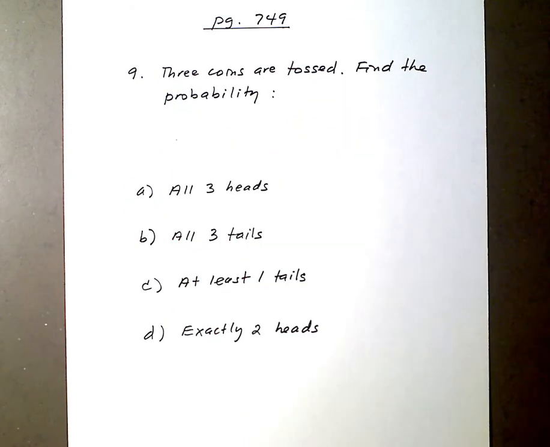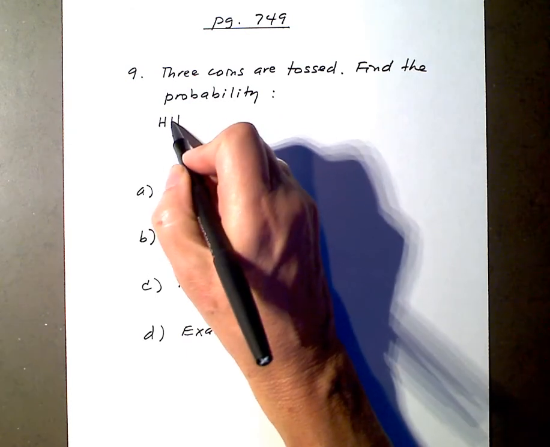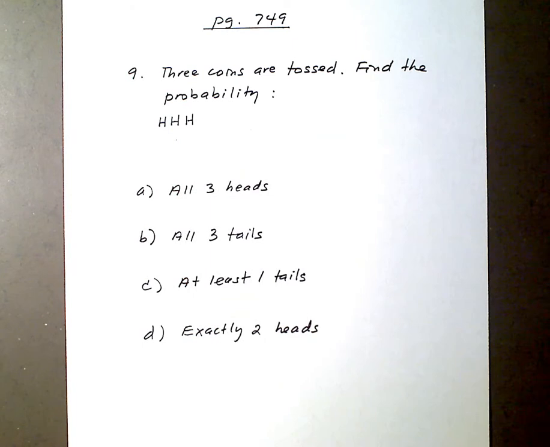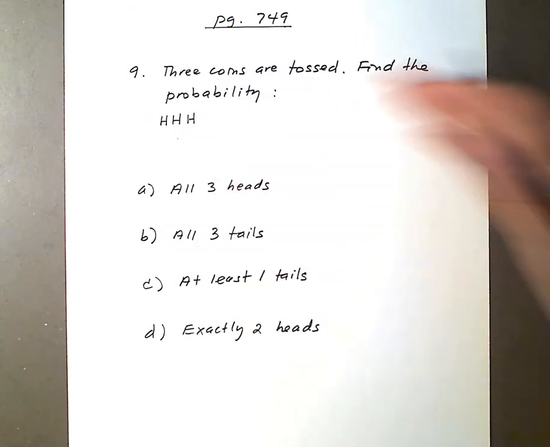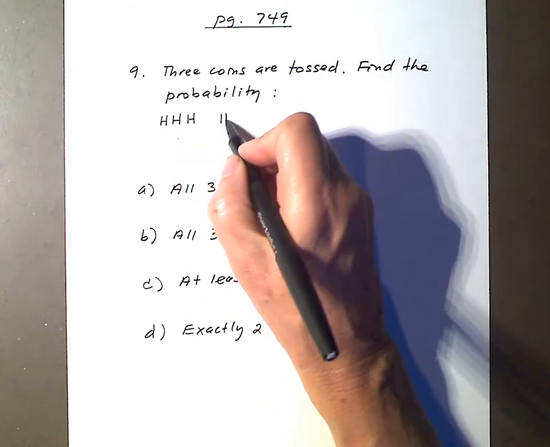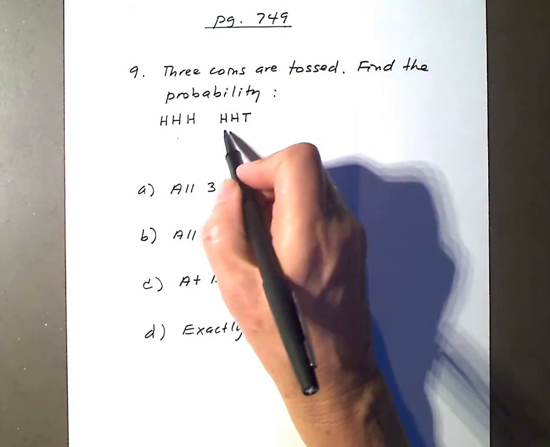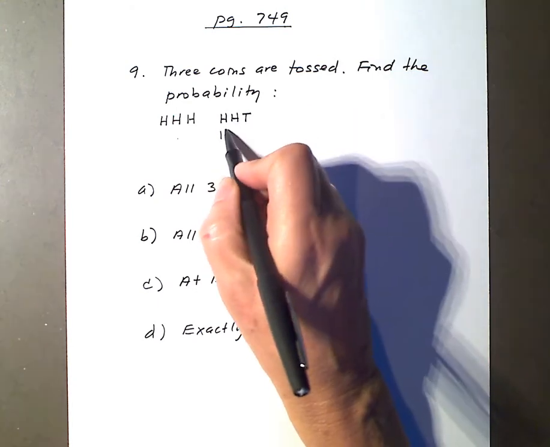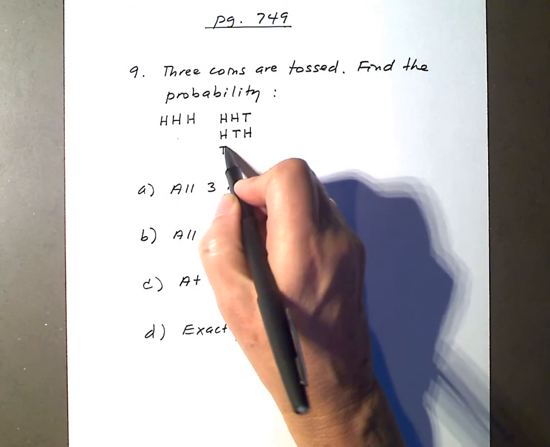So I could start off and say, okay, I could have heads, heads, heads, all 3 heads on all 3 coins, if I just think about putting them on a table and tossing them one at a time. Then maybe I have 2 heads and 1 tail in some combination, so I could have heads, heads, tail, or I could have a heads and then a tail and then a heads, or I could have a tail on the first one and a heads on the 2 others.